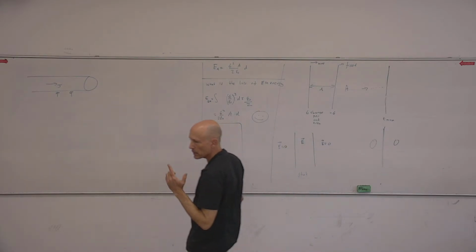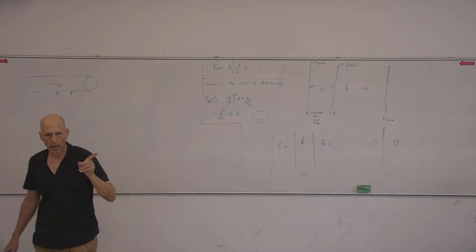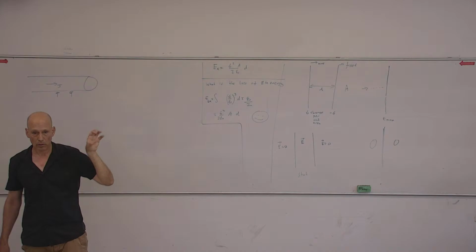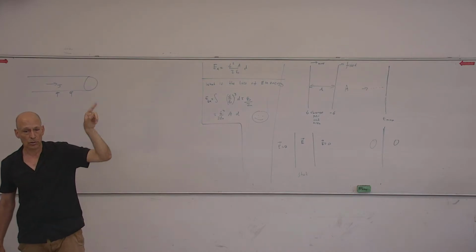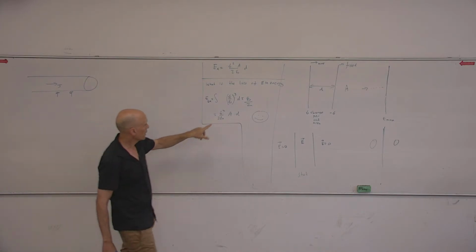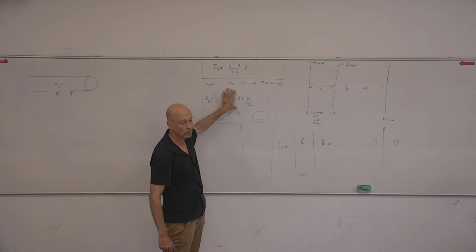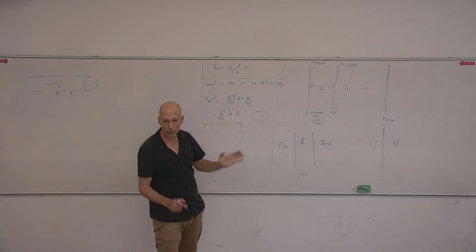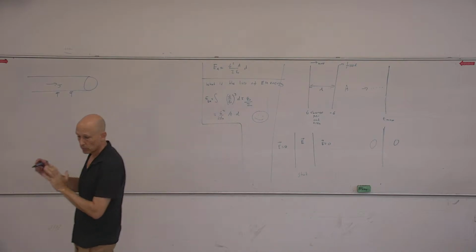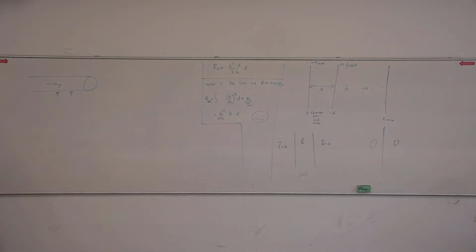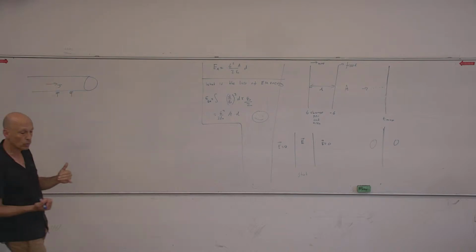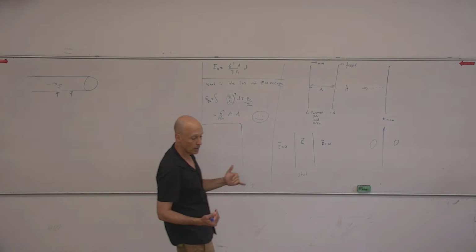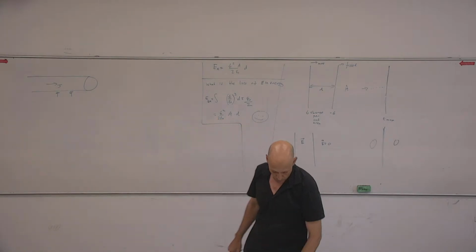Because the fields themselves are not changing in time here. The current is constant, so here I have this E squared over 2, but now the time derivative is equal 0, because E and B are constants, because this is a steady state. So the only term now we need to consider is this flux of energy.